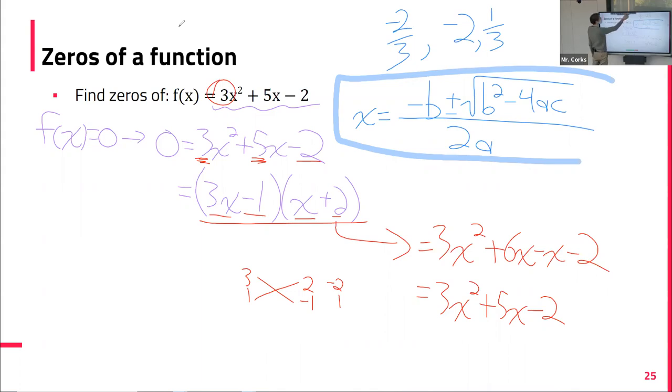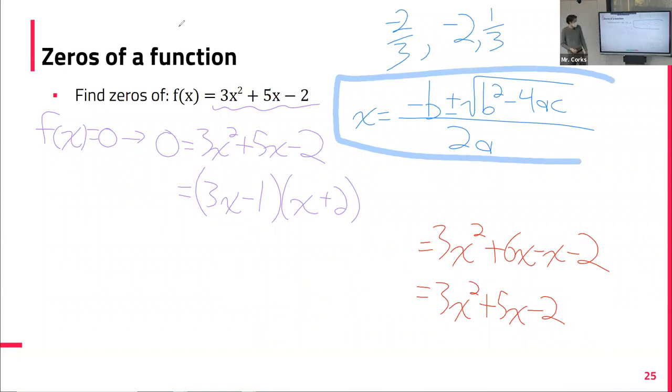If that's not there, then it's a pretty simple sum-product method that's a lot easier to do. But again, that's something I'll cover in the workshop this evening, and also some examples with the quadratic formula. So let's get back to actually trying to find these zeros here.